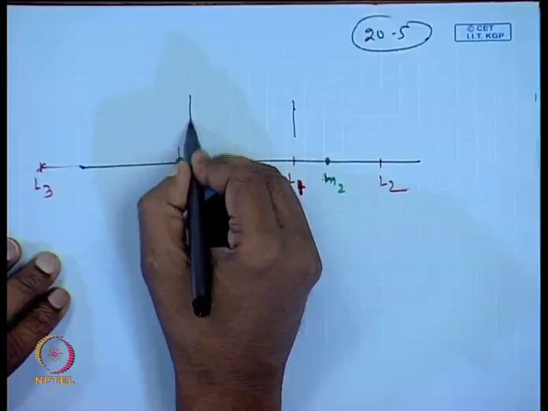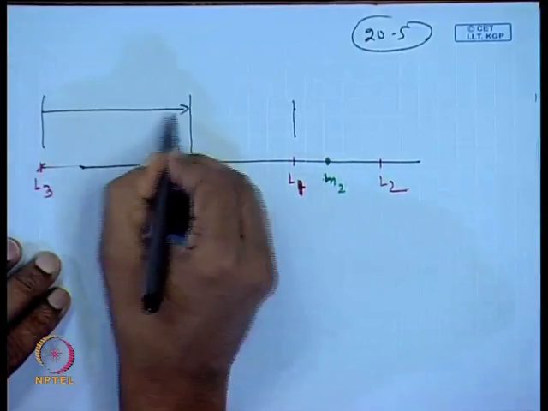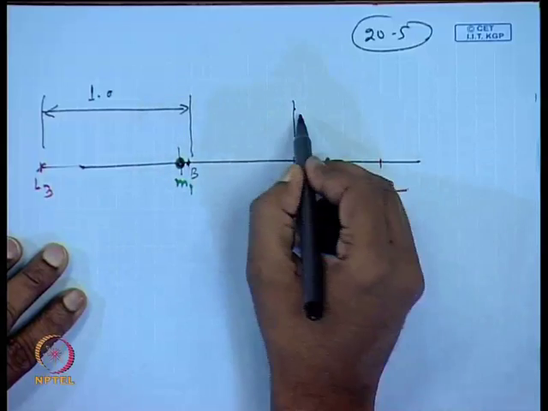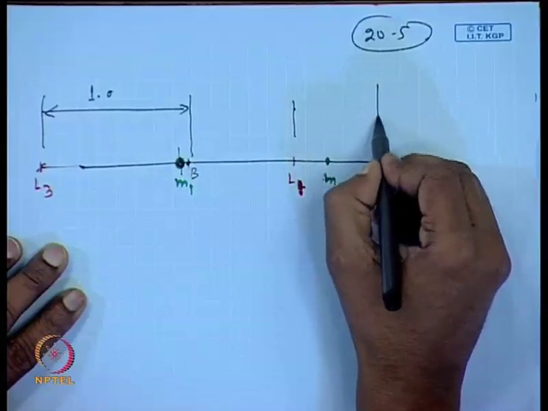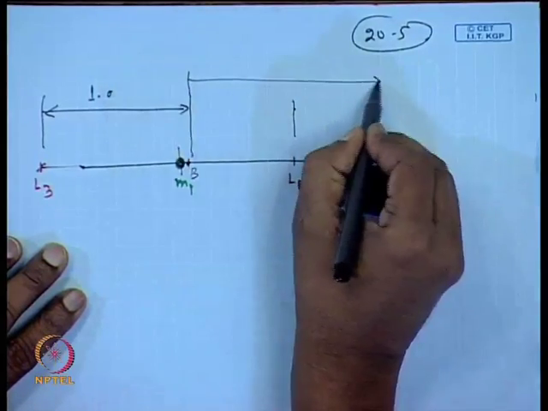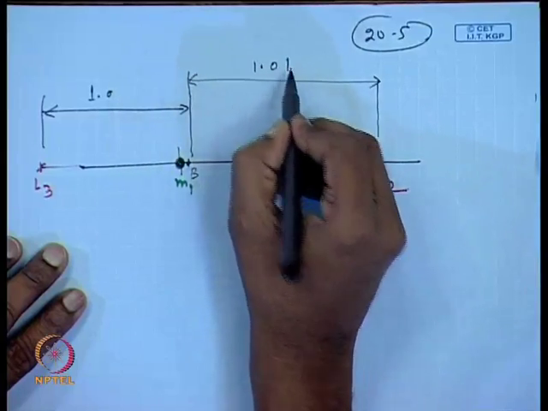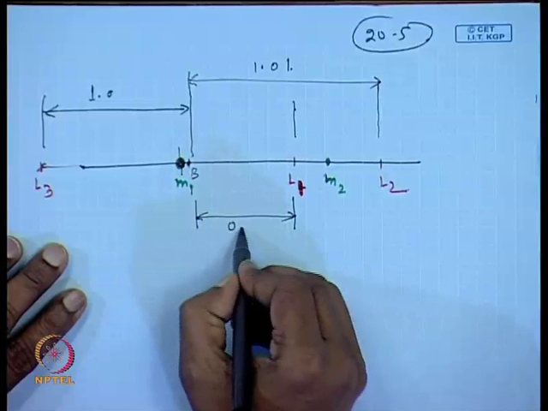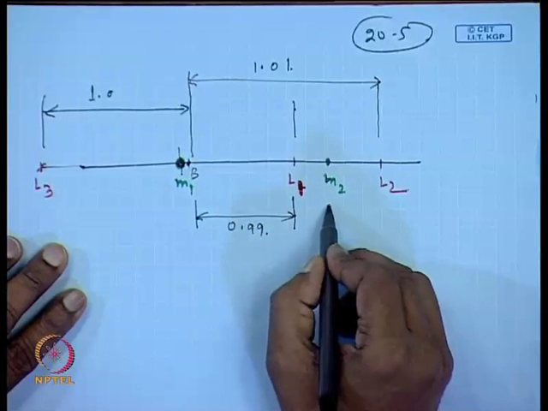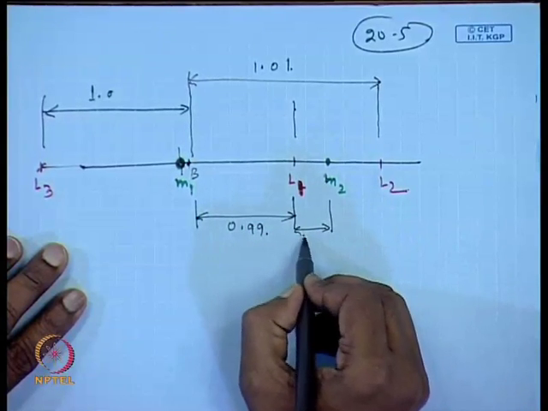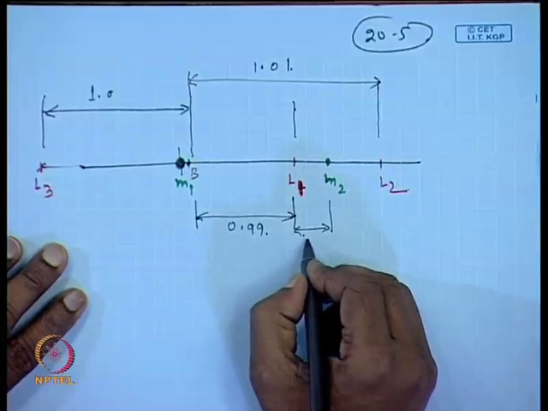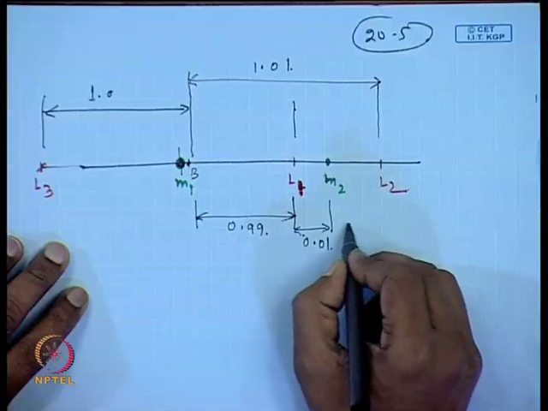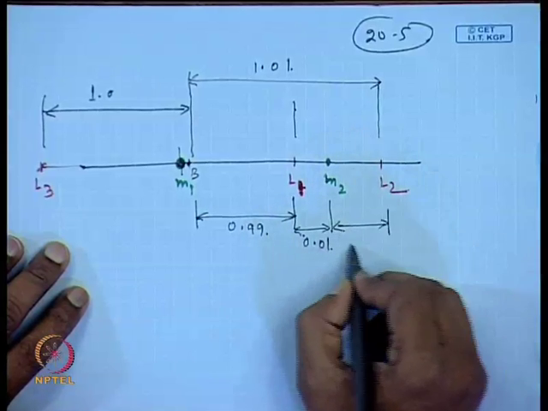So, all the distances can be written here now. This is 1.0 and distance to the L2 point, this is 1.01 and distance to the L1 point, this is 0.99 and therefore, this distance becomes 0.01 and the distance from here to here also becomes 0.01.